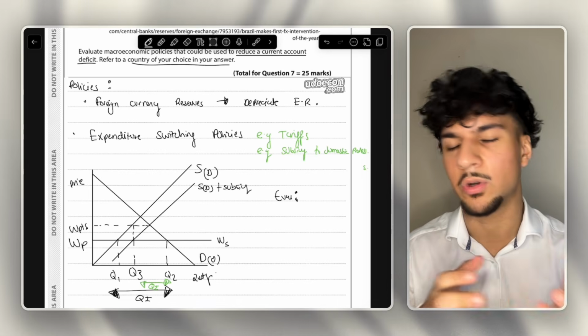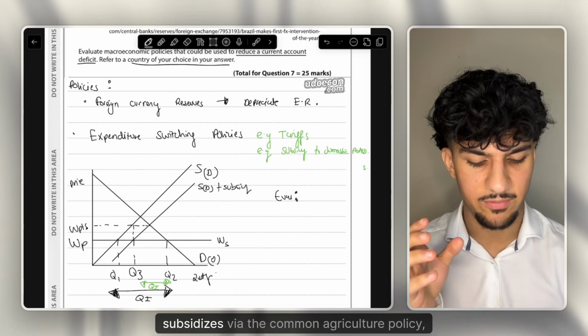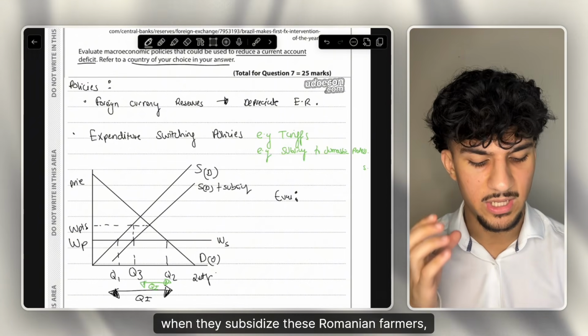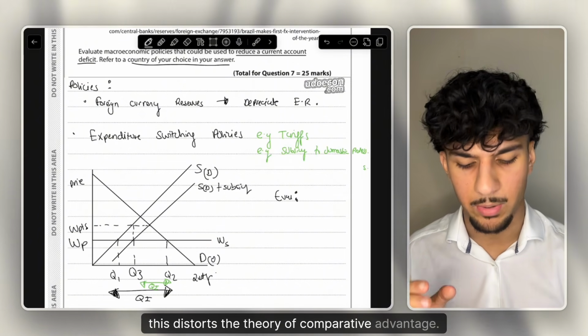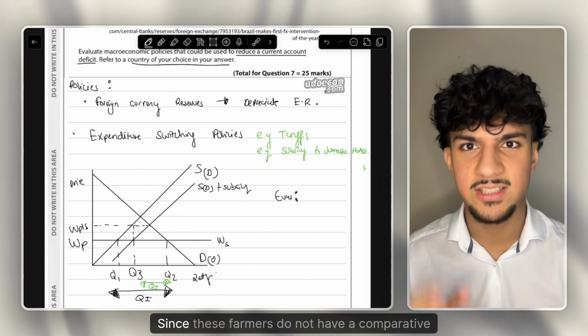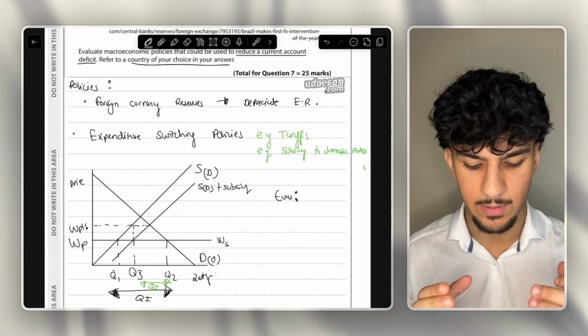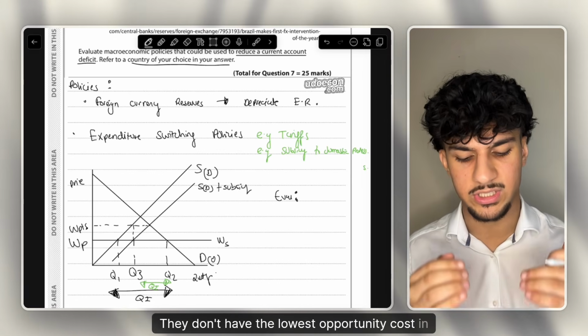As when the EU subsidises via the Common Agricultural Policy, when they subsidise these Romanian farmers, this distorts the theory of comparative advantage. And why is that? Since these farmers do not have a comparative advantage in producing, they don't have the lowest opportunity cost in farming.